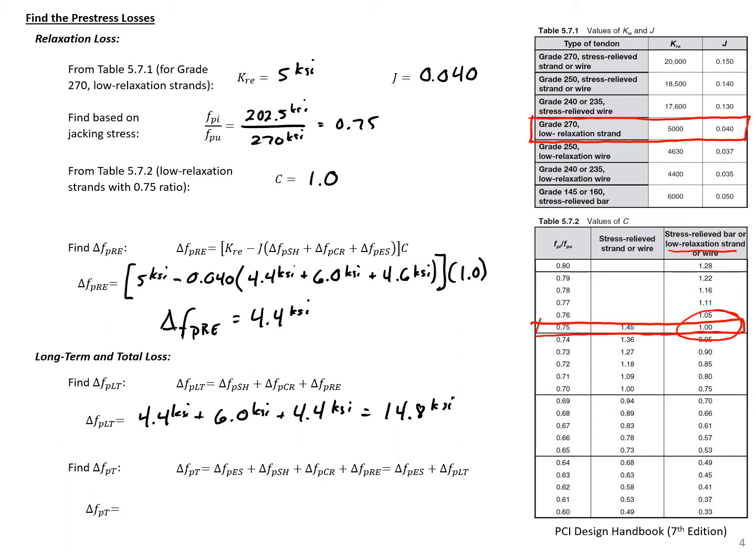And we can add those long-term losses to our elastic shortening loss, which is a short-term loss, to get our total pre-stress loss. So this will be 4.6 KSI plus 14.8 will give us a total loss of 19.4 KSI. So these two values, the long-term loss and the total loss, we'll use to find our stresses on the next couple slides.